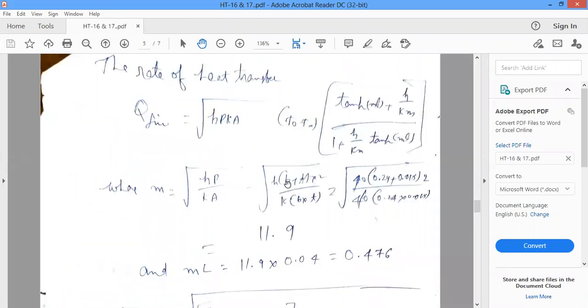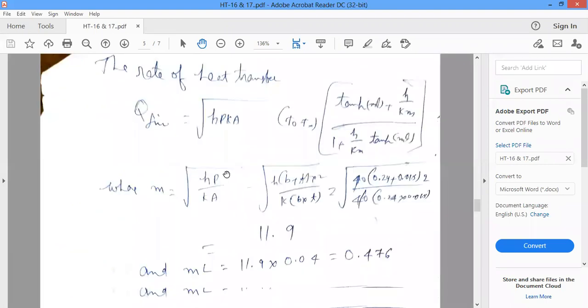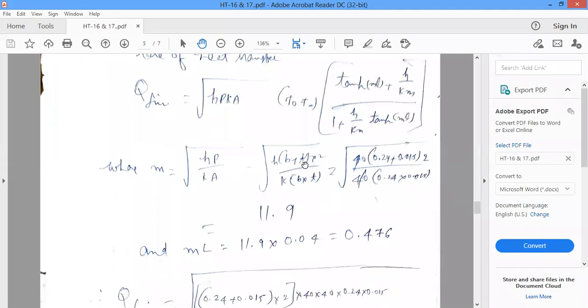So M is the square root of H into 2 into (B plus T) divided by K into the fin cross sectional area, B into T. That is equal to the root of H value 40 into 2 into (B value 0.24 meters plus thickness value 0.015) divided by K value 40 into (B 0.24 into T 0.015).